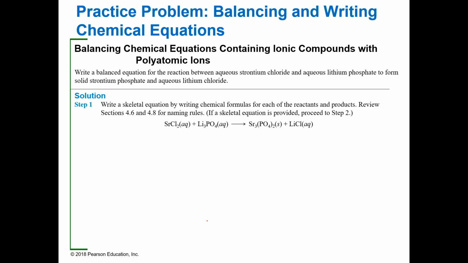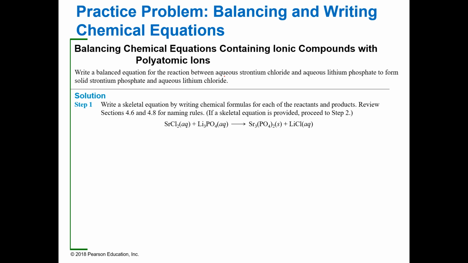All right. So now we're going to look at balancing equations with some more ionic compounds in it. Okay. So here you would be able to write this out. So it says write a balanced equation for the reaction between aqueous strontium chloride and aqueous lithium phosphate to form strontium phosphate, solid, and aqueous lithium chloride.